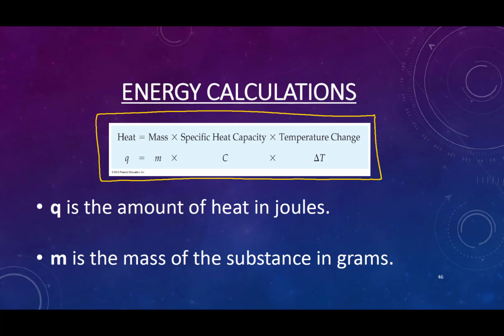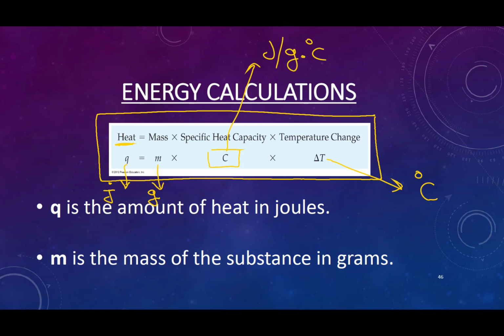Here, Q is heat, and the unit for heat is joules. Mass is in grams. Change in temperature is in degrees Celsius. The unit for specific heat capacity, as I explained in the previous slide, is joules per gram degree Celsius.